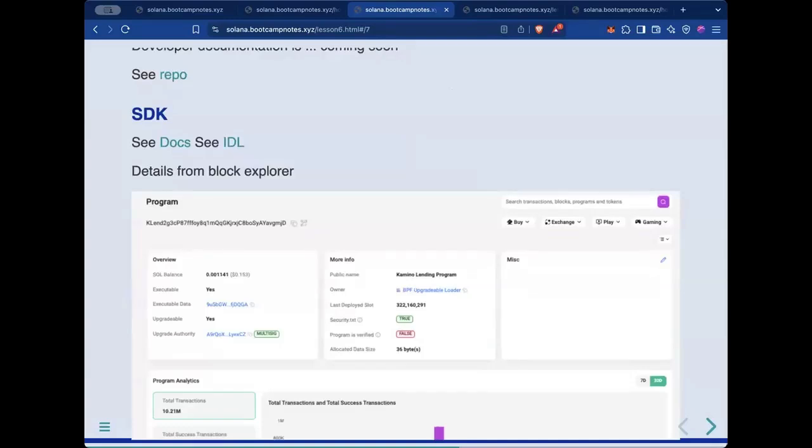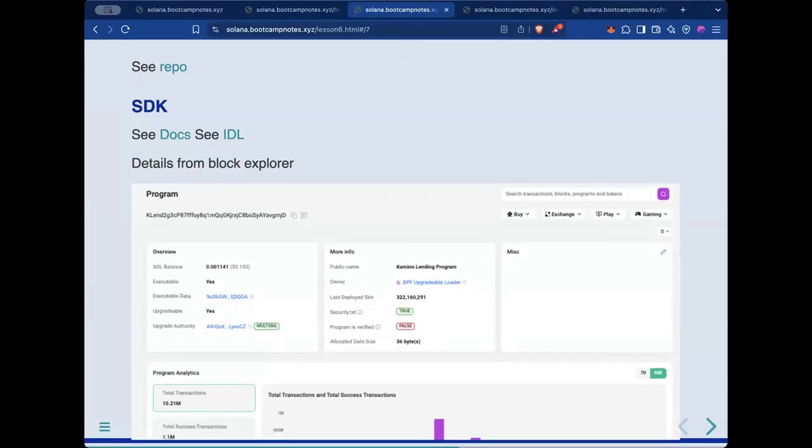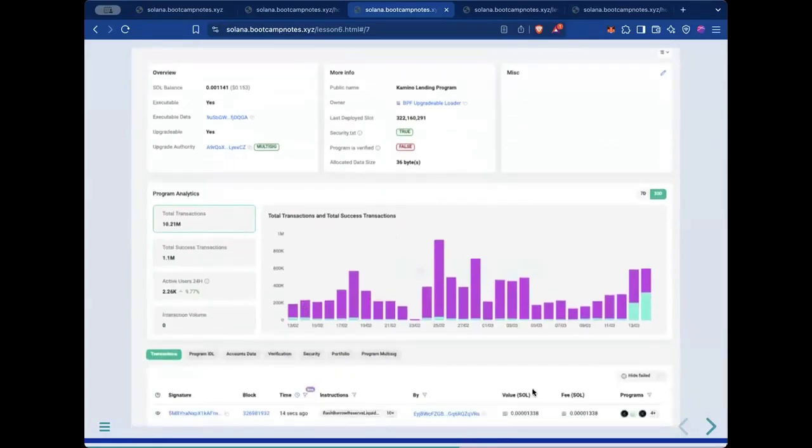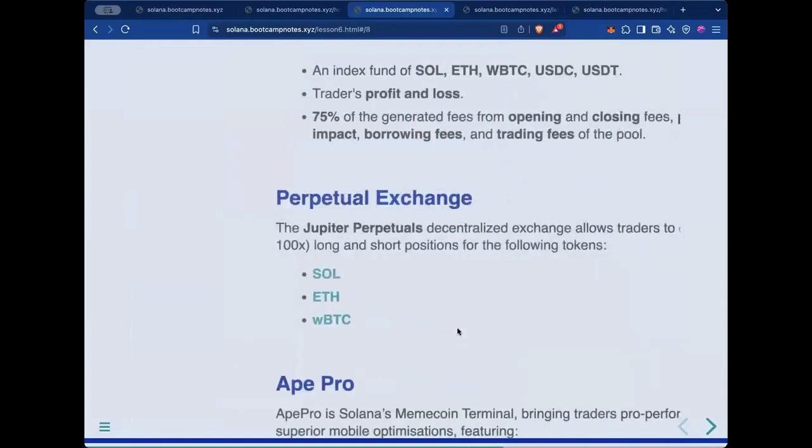Some interaction, and how we can interact programmatically with exchanges or with other DeFi protocols. This is one way of doing it. These projects will supply an SDK so that you can write some code to interact directly with them. Yeah, just more details there.